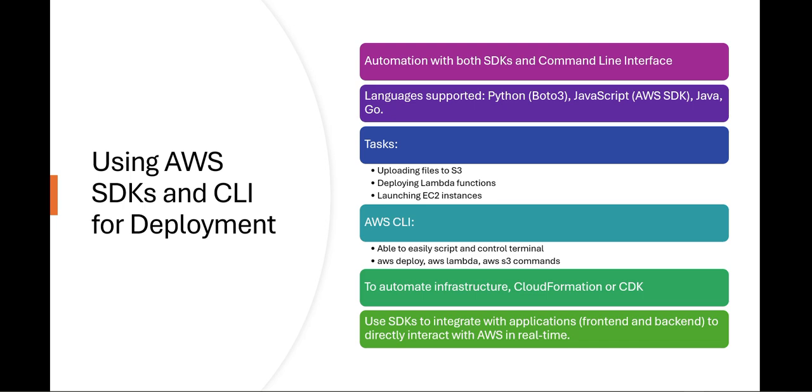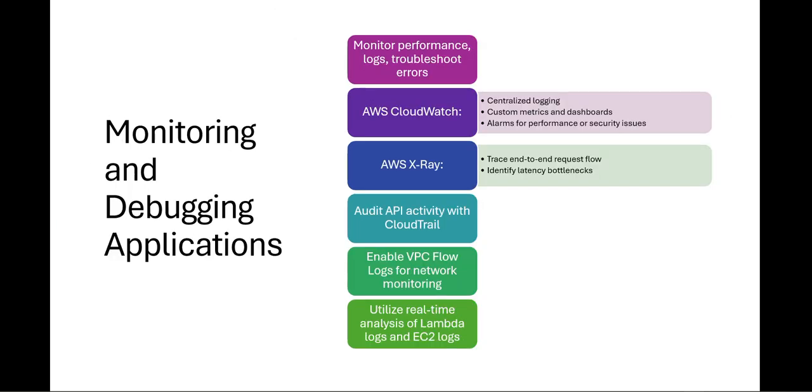Some of the tasks we have to follow are uploading files to S3, deploying Lambda functions, and launching EC2 instances. With the AWS CLI, you are able to easily script and control from the terminal, using aws deploy, aws lambda, and aws s3 commands to automate infrastructure, CloudFormation, or CDK. Use SDKs to integrate with applications to directly interact with AWS in real time.